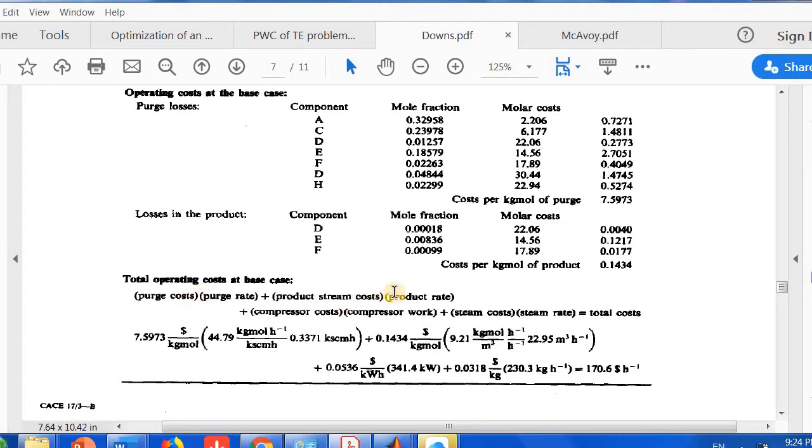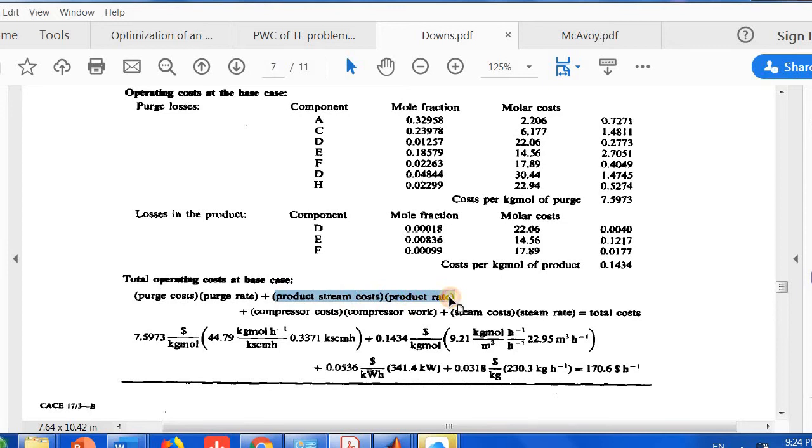Then product stream cost times product rate, so I'm also producing that. Compressor cost: a compressor is very expensive, so it is multiplied by the compressor work. Steam cost: steam is also very costly, multiplied by the steam rate. So you need to calculate this.